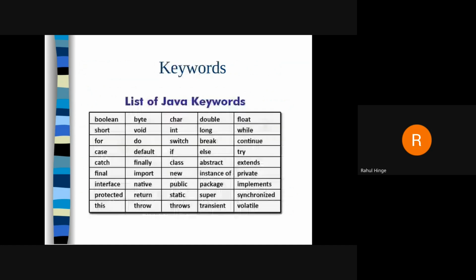Now let's move to the next topic, that is keywords. We already explained keywords, right? Keywords are reserved words from the Java library, and they have their own meaning and uses. For example, int is reserved for the integer data type.